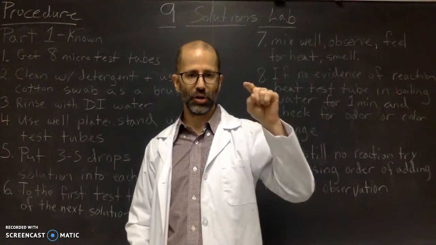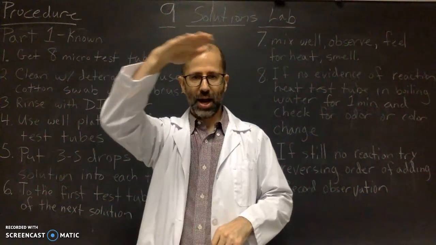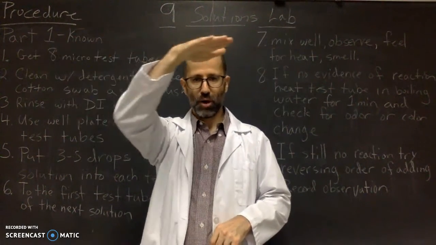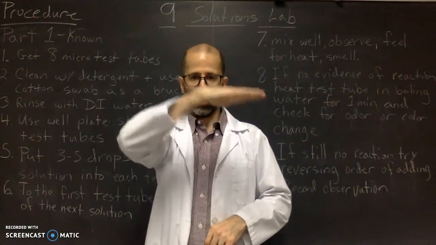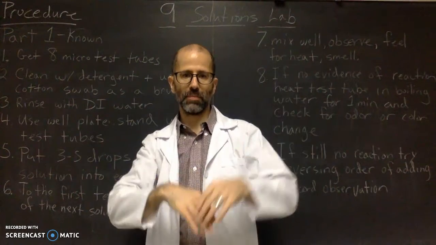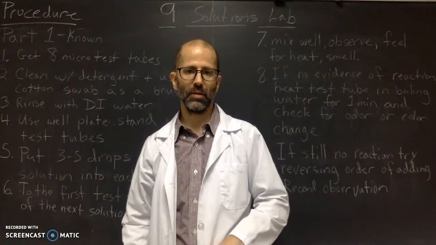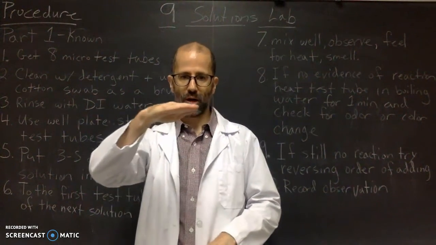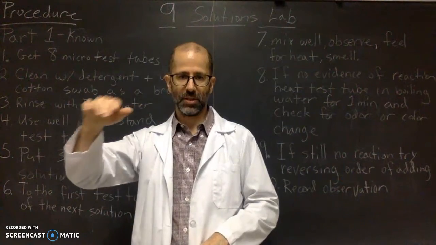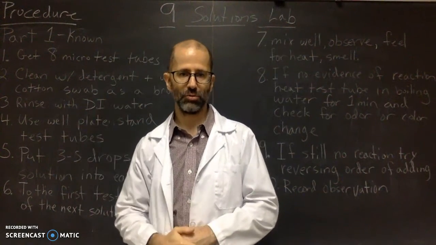And then according to your chart, whatever substance you have on that first row on the top, you're going to mix with the silver nitrate, which is the first one on the left. So you work your way across mixing the substances in each of your 8 test tubes.